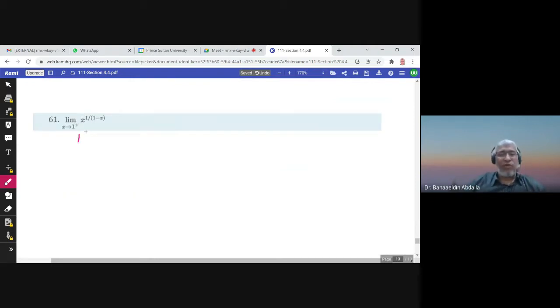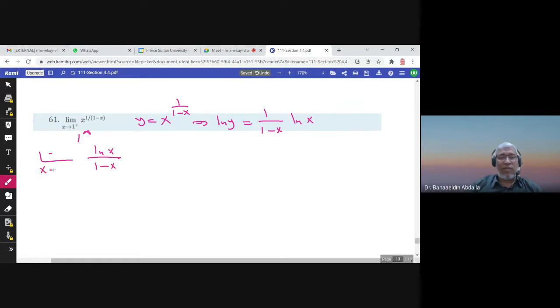1 minus 1 is 0. 1 over 0 is infinity. Now let us take limit ln x over 1 minus x when x approaches 1. ln 1 is 0. 1 minus 1 is 0.